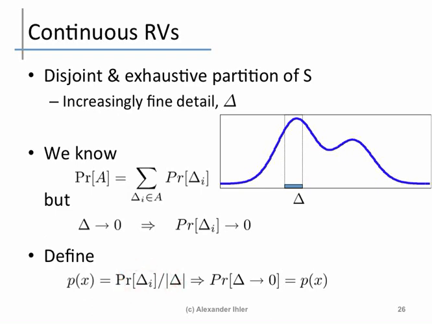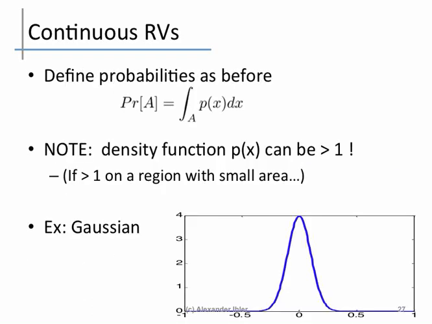It will converge to a relative scale value, which is the probability density function. Then we can define the probabilities of outcomes or events A, which are sets of values, the same as before. So if A is some interval or set of intervals of x, the probability of falling within region A is simply the integral of the probability density function over that region.